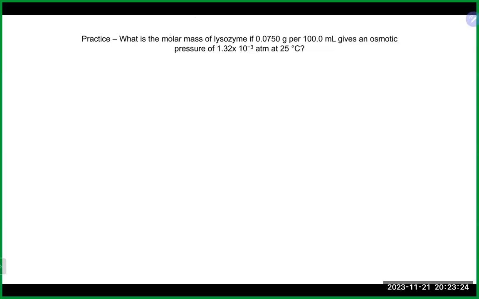Okay, so once again, in this one, we are looking for the molar mass, and we do have the grams given to us, so we're good to go on that. Once again, we're going to use our osmotic pressure formula, aka the ideal gas law, to get to the moles part of it.